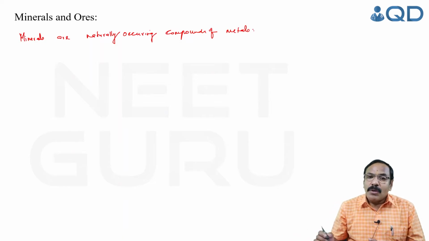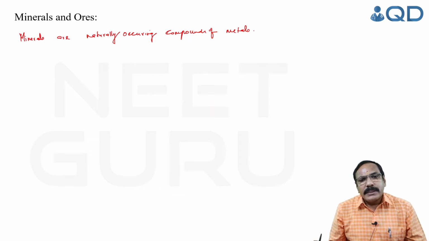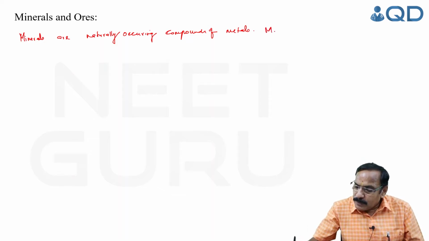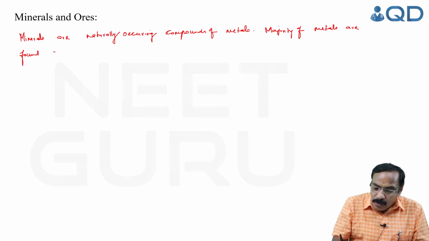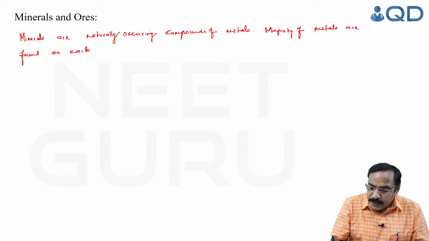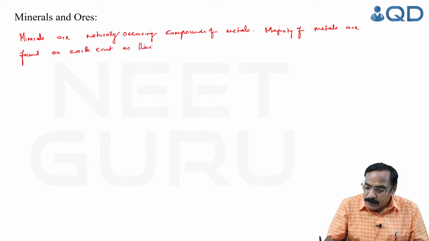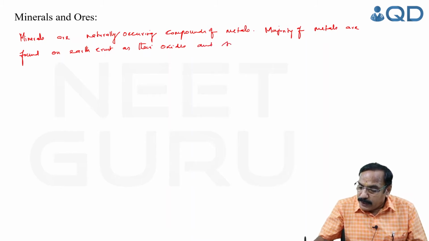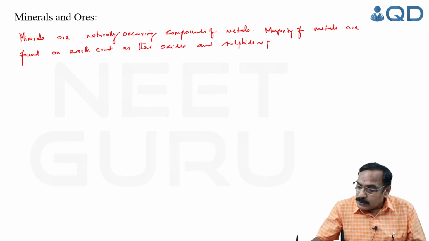The majority of metals are found on the earth crust, that is the surface, as their oxides and sulfides. Sulfides are also called pyrites.